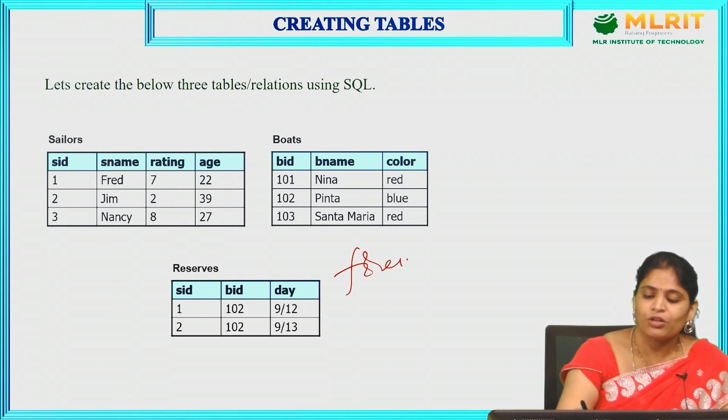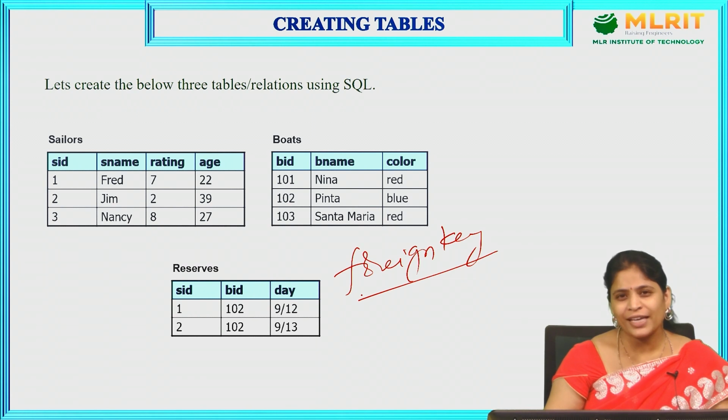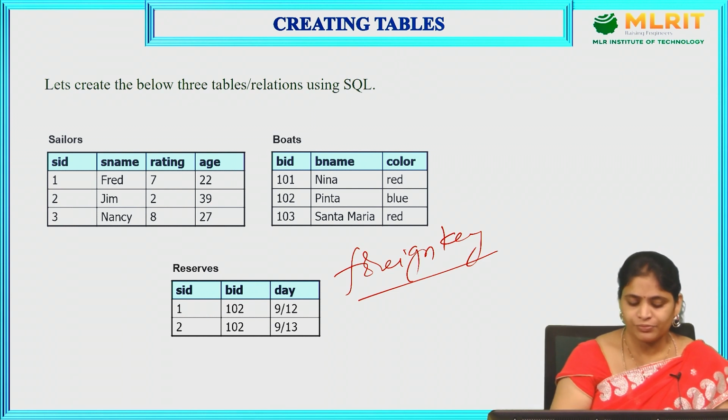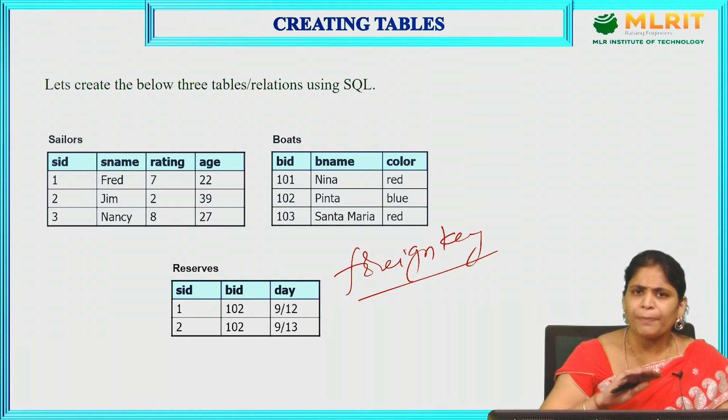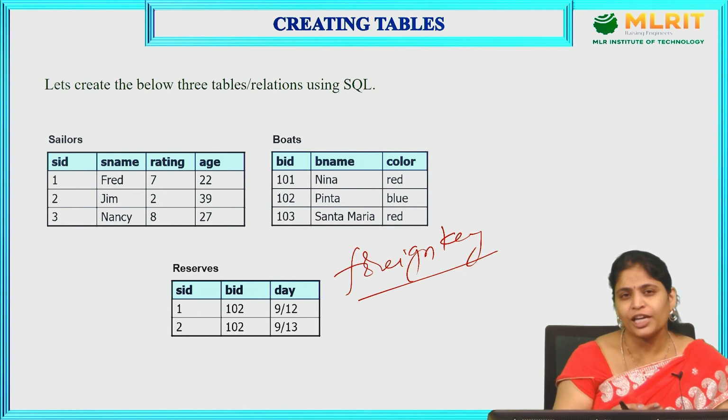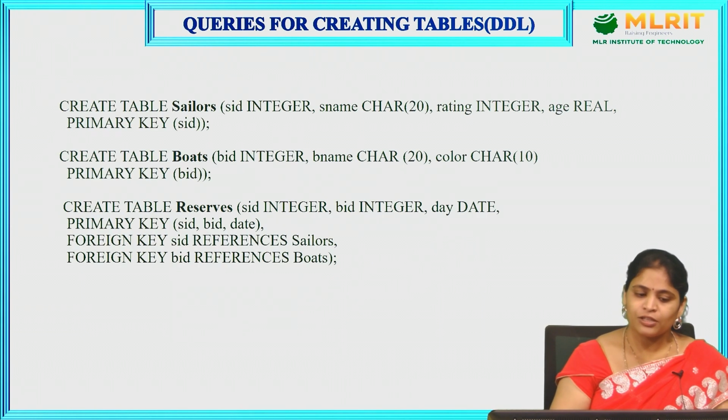The key that acts as a foreign key will act as primary key in another table, right? To maintain a relation between two tables, we use the foreign key concept. Apart from foreign key, we also discussed that to relate or join two tables, we use the joins concept also. Here let us prefer the foreign key.